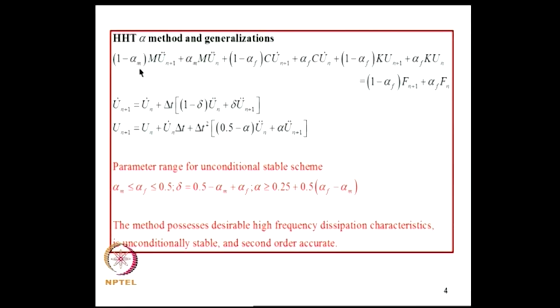For example, in the generalized version we have alpha m, alpha f, which are additional parameters in addition to delta and alpha that are used in Newmark's method. So, we have now 4 parameters, and greater flexibility to design the algorithm to display desired properties. We have seen that the method possesses desirable high frequency dissipation characteristics, it is unconditionally stable, and it has second order accuracy.